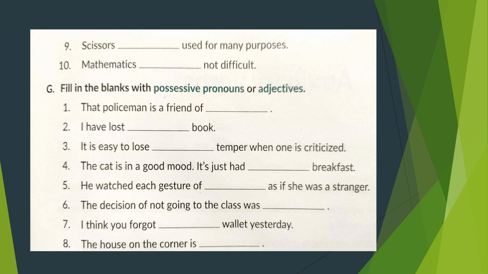Come to exercise G. You have to fill in these blanks with possessive pronouns or adjectives. That policeman is a friend of mine. I have lost my book. It is easy to lose one's temper when one is criticized. Complete the rest using possessive pronouns or adjectives as suitable.